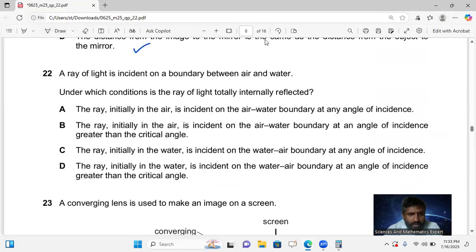After that, 22, a ray of light is incident on a boundary between air and water. Under which conditions is the ray of light totally internally reflected?